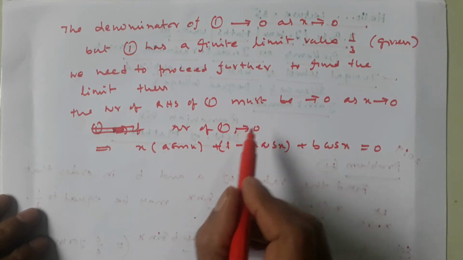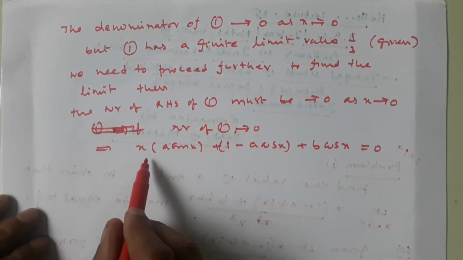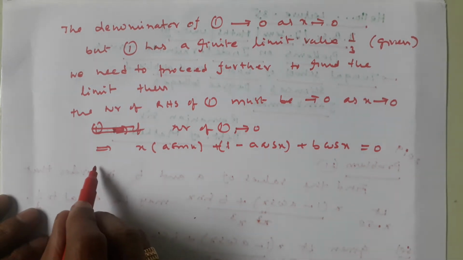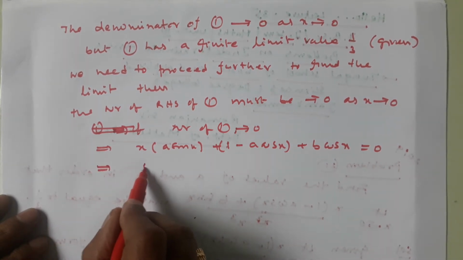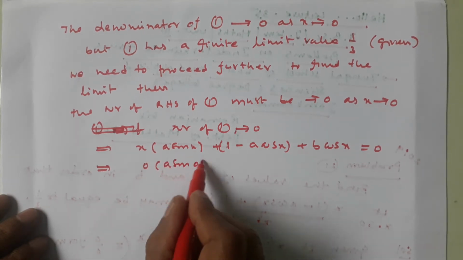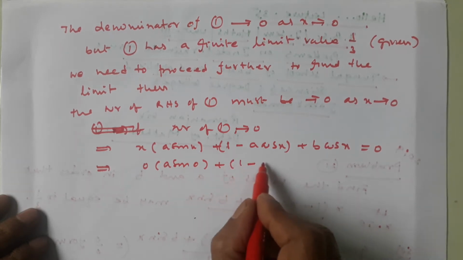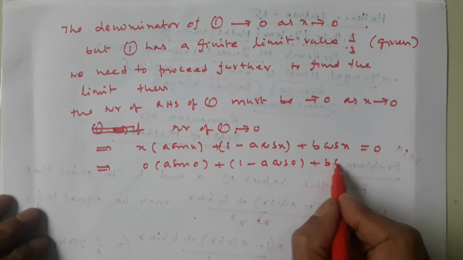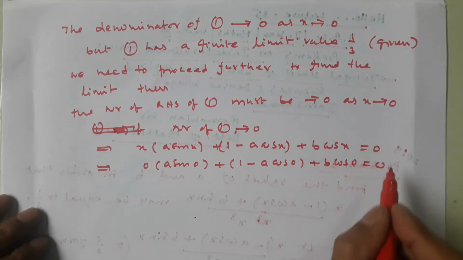Tends to 0 means it is equal to 0. So now 0 into A sin 0 plus 1 minus A cos 0 plus B cos 0 is equal to 0.